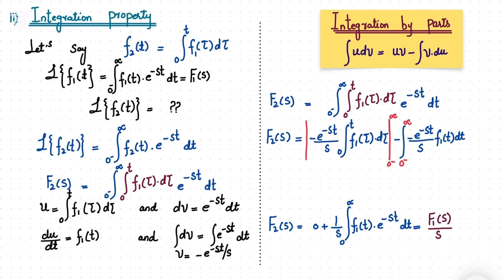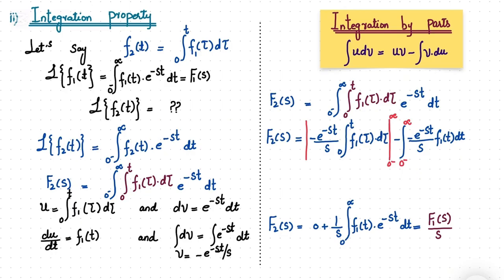This is the value of u multiplied by v and this is the value of v multiplied by du. Because the limits of the integration over here are from 0 minus to infinity, we need to substitute the limits from 0 minus to infinity. So this is the limit substituted for this uv factor, and similarly for the integration part the limit is from 0 minus to infinity.